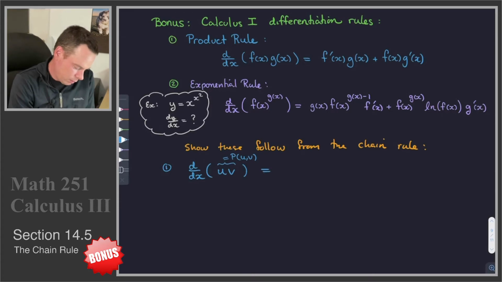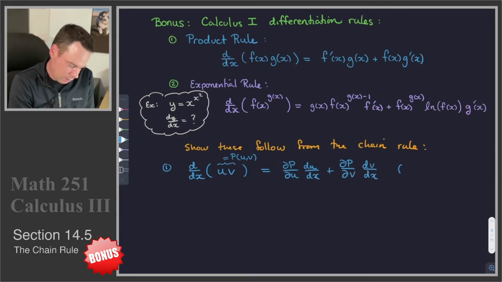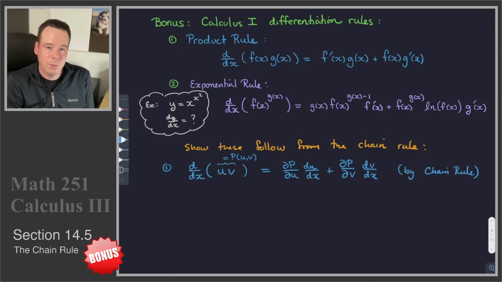The chain rule tells us that it is the partial derivative of p with respect to u times the derivative of u with respect to x plus the partial of p with respect to v times the derivative of v with respect to x. So that's by the chain rule. So we've just used the chain rule to differentiate a product of two variables u and v.